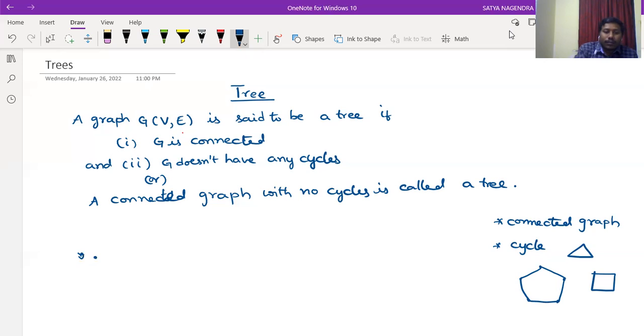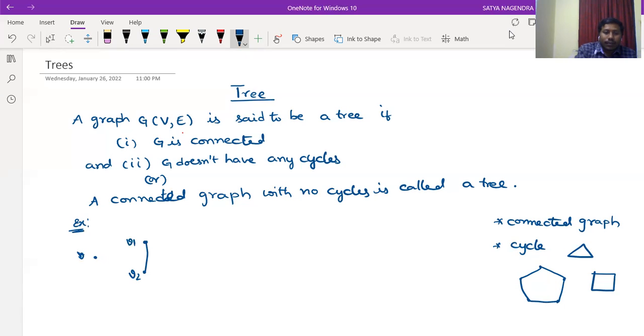This is obviously connected, with no cycles. Next, if you have a graph with two vertices V1 and V2, and there is an edge between V1 and V2, this is also a connected graph with no cycles. So this is also a tree. These are all examples you can take for a tree.